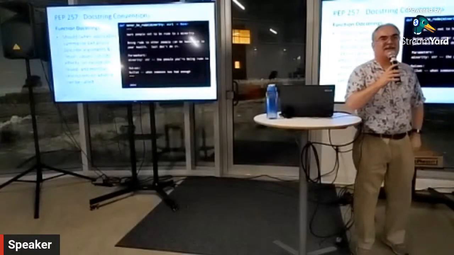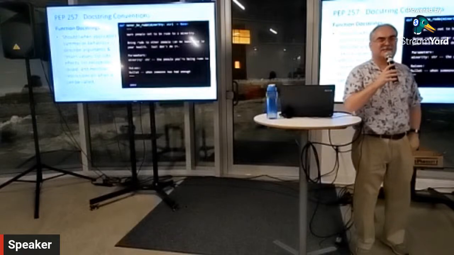For a lot of people, it's a matter of simplicity. So instead of having the same function, warn people not to be rude to a minority, on every line of your code, you can just say never be rude. But this one specifies a minority, and it's like a warning. It's like making a statement, never be rude, but what does it mean?